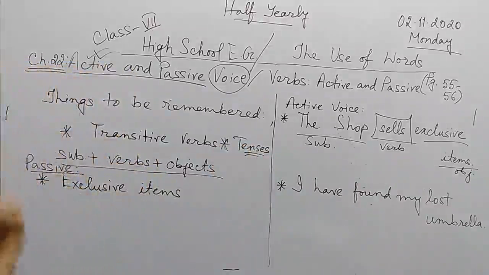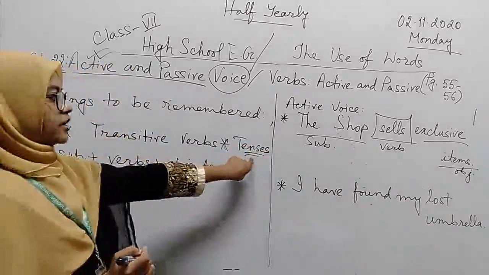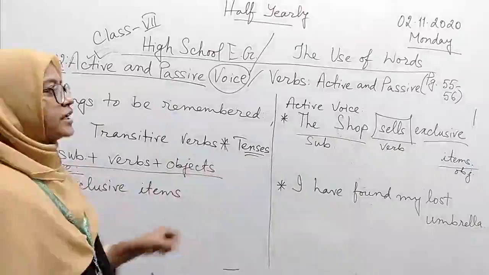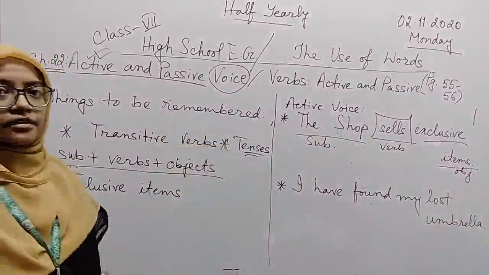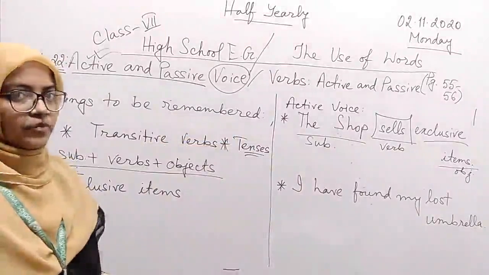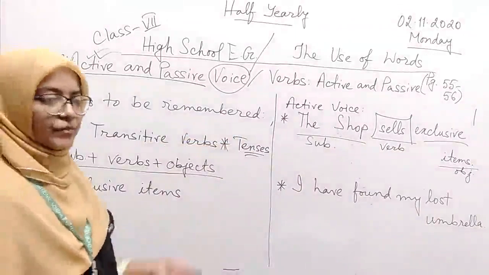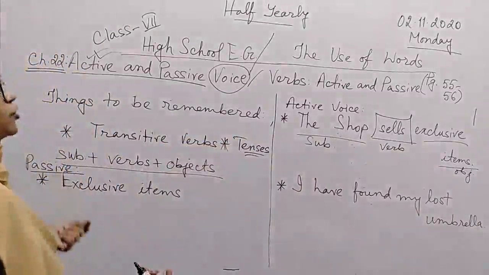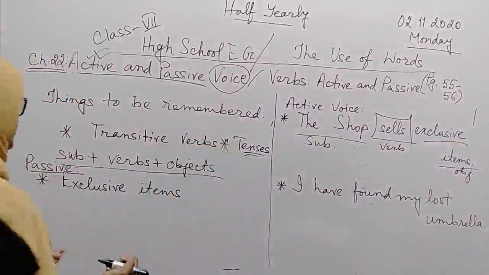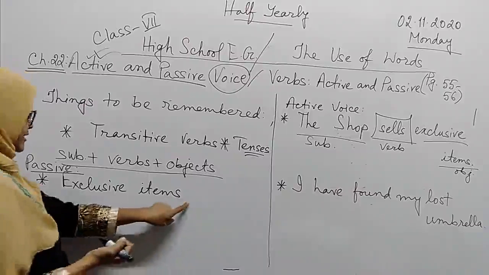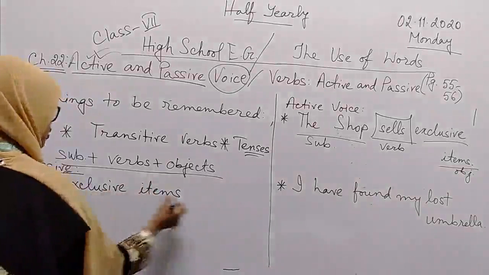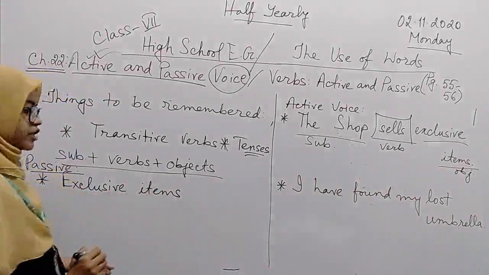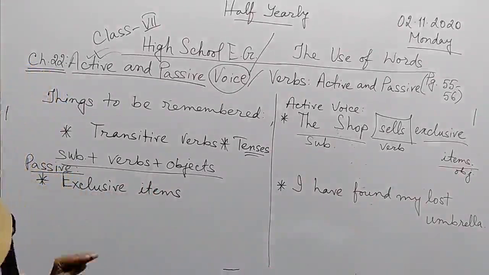Tenses are very important in this. Sells is in present form, present indefinite or present simple. As it is present simple, the verb to be in this sentence will remain present simple, but depending on the number and person of the subject.